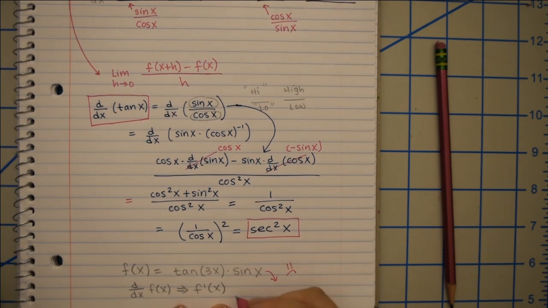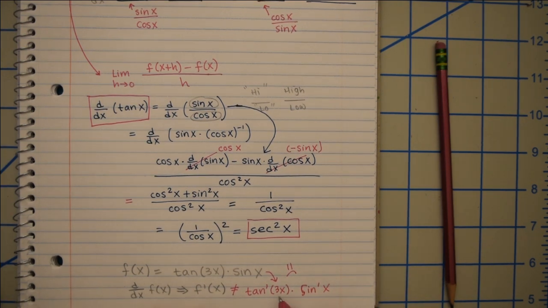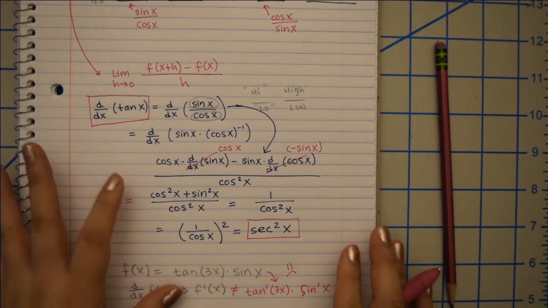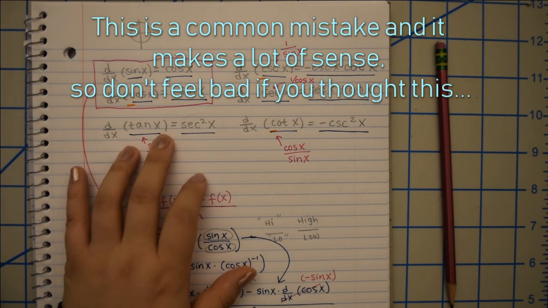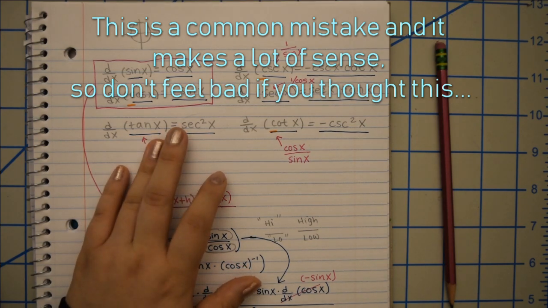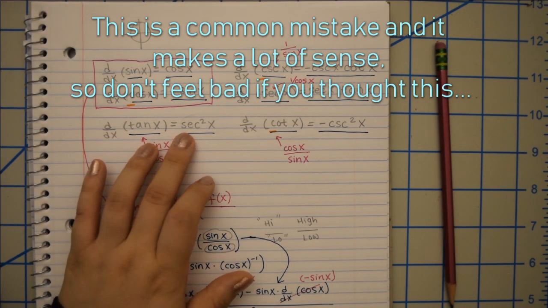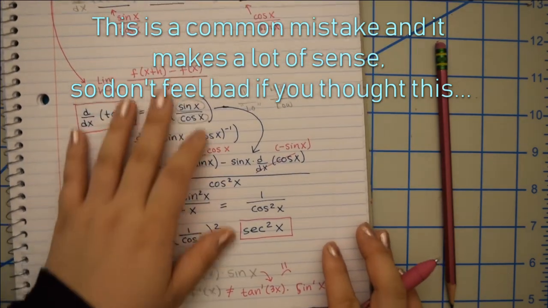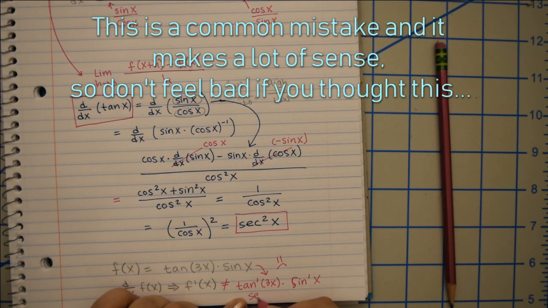It is not tangent prime of 3x times sine prime of x. And even worse, you might say, oh, the derivative of tangent x is secant squared x, so this is not secant squared 3x times cosine x.